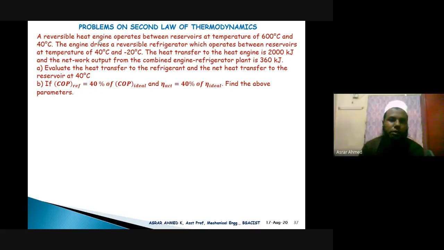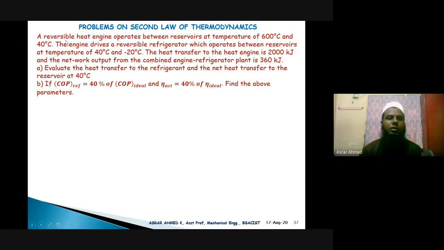If this "reversible" was not given, simply "a heat engine operates" means it is an actual engine. Here it is mentioned a reversible heat engine, ideal heat engine, Carnot heat engine, everything having the same meaning. So a reversible heat engine means it is an ideal one which will not exist in reality, but we are discussing it just for the problems.